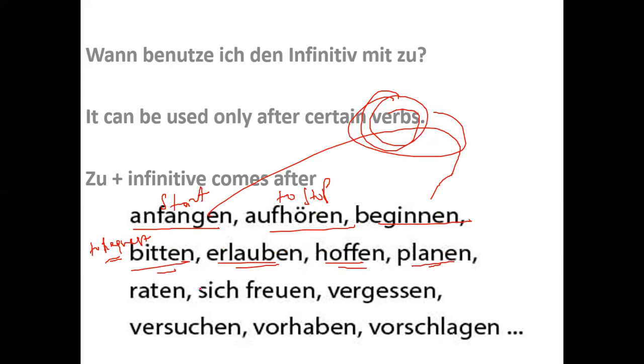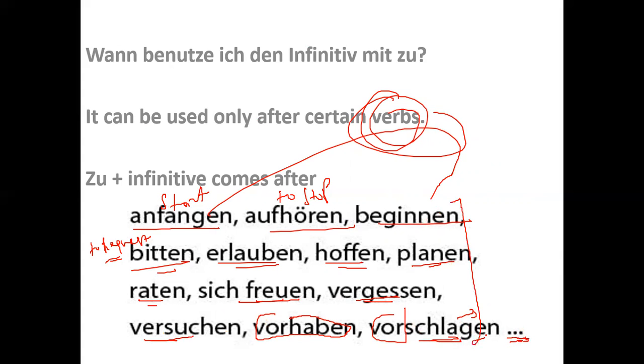Planen is to plan. Raten is to advise. Sich freuen is to be happy. Vergessen is to forget. Versuchen is to try. Vorhaben is to plan. And vorschlagen is to advise, right? And so on. There are many verbs also.